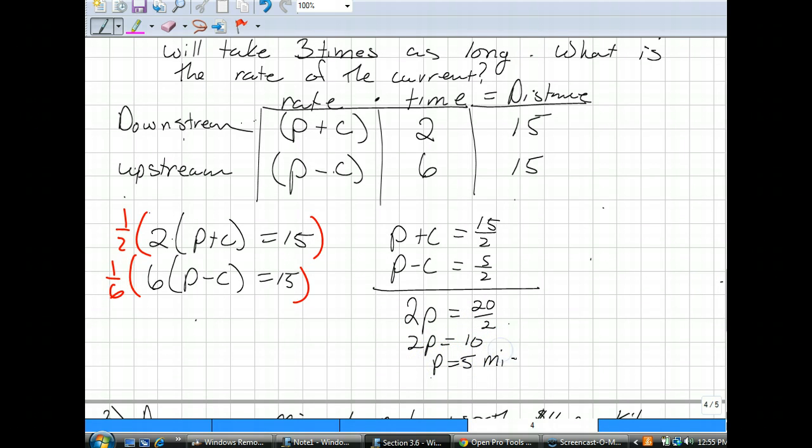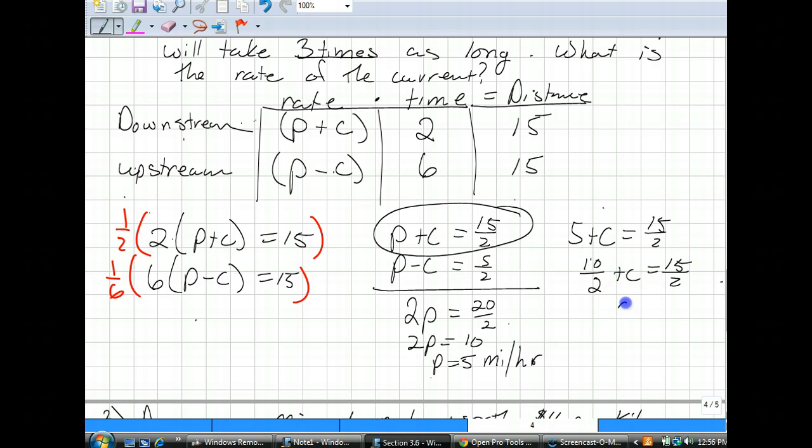And that's 5 miles per hour. That's how fast she's paddling. But the question is, what is the rate of the current, right? So if I just take this back here and plug in for P, I get 5 plus C equals 15 halves. So 5 is the same thing as 10 halves. Subtract 10 halves from both sides, so C equals 5 halves.